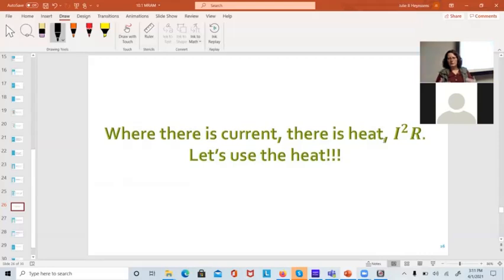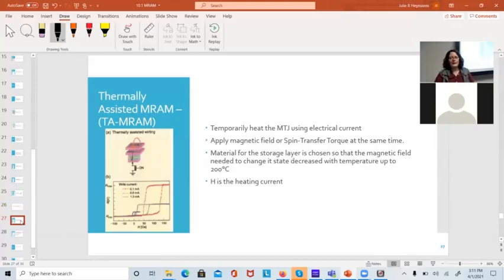As I run the current through it, I heat the device up, and I'm going to look for materials that will change their magnetization easier when they're hot. And there's a whole class of materials like that, fortunately. And this is called thermally assisted MRAM.